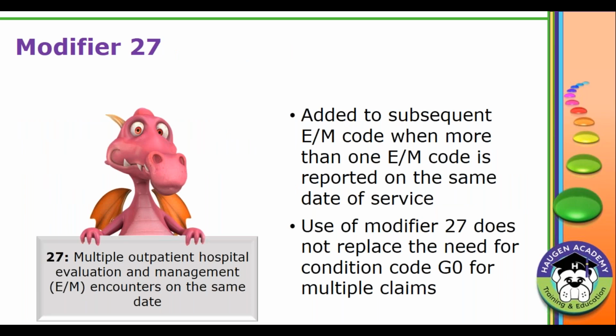Modifier 27 is one that I think gets used a little bit less. It is, or maybe a lot in your facility, depending on what's going on. But this is multiple outpatient hospital E&M encounters on the same date. And if you have an encoder that subscribes to Coding Clinic, you probably also get Coding Clinic for HCPCS.